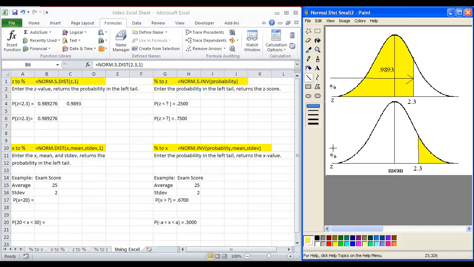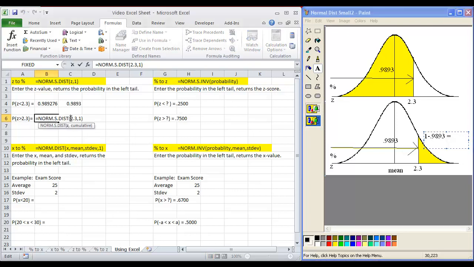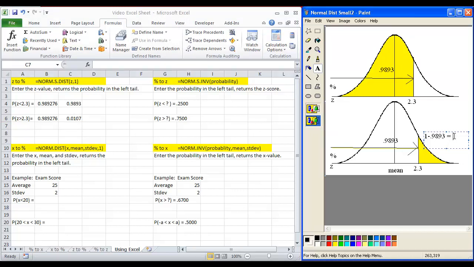So it told me the area from here to here as being 0.9893. To get the answer, we're going to use the complement rule. So 1 minus 0.9893 equals 0.0107.